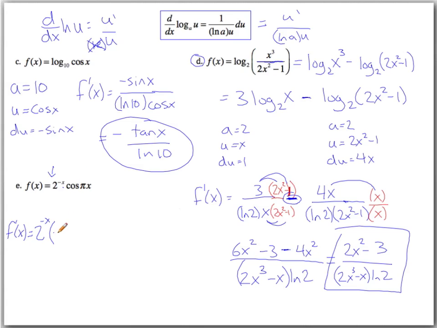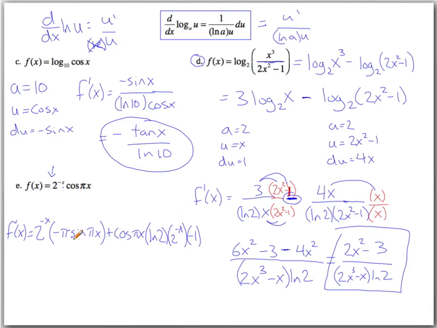So this is going to be negative pi sine of pi x, and then plus the second function, which is cosine of pi x, times the derivative of the first function. So the derivative of 2 to the negative x is going to be the natural log of 2 times 2 to the negative x times the derivative of negative x, which is just negative 1.